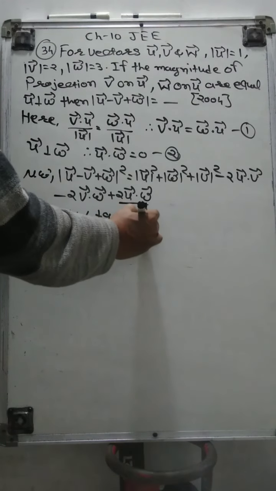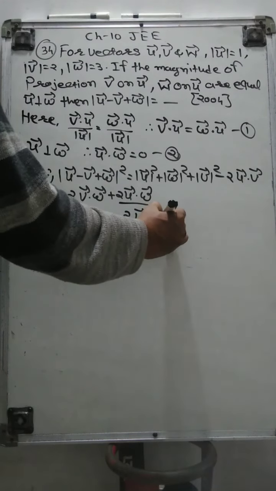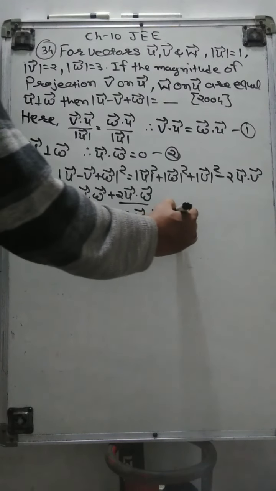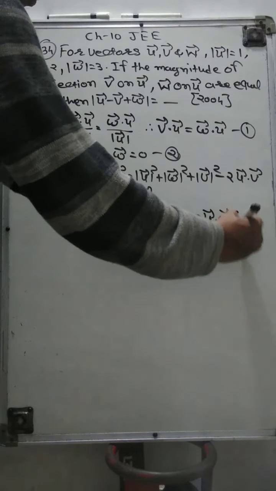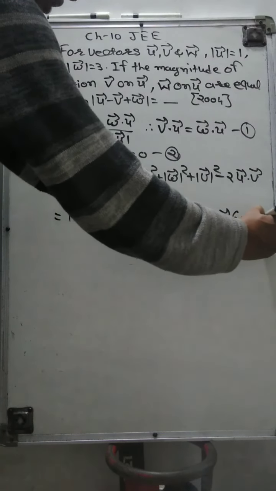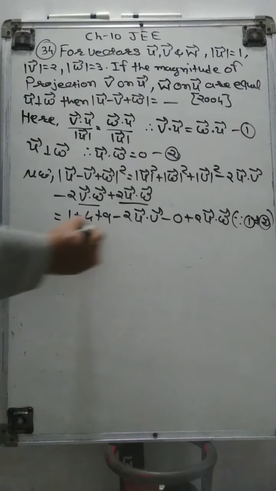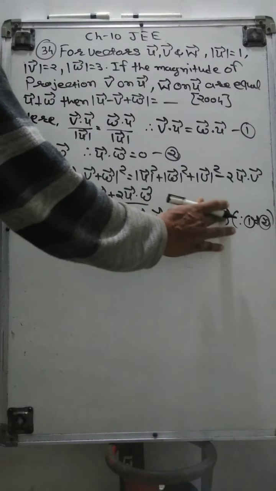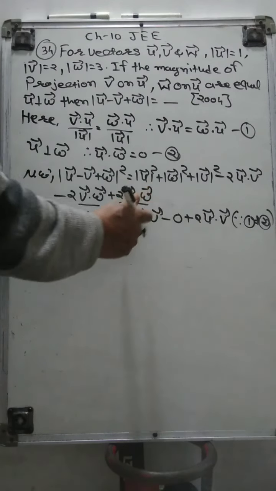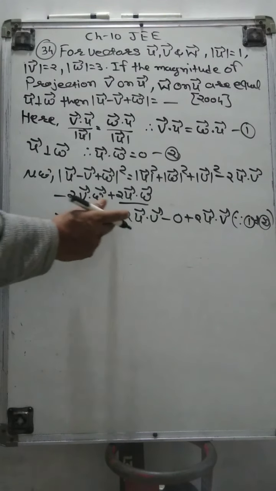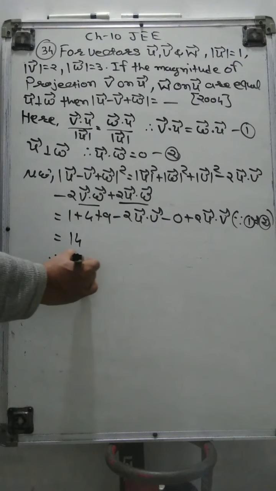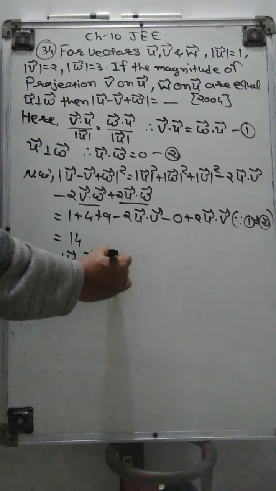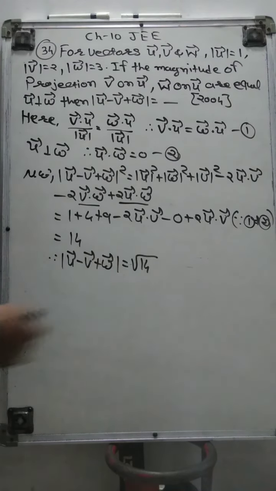And u dot w becomes 0, from results 1 and 2. So these terms cancel, and 1 plus 4 plus 9 is 14. Therefore mode of u bar minus v bar plus w bar is equal to root 14. So this answer is root 14.